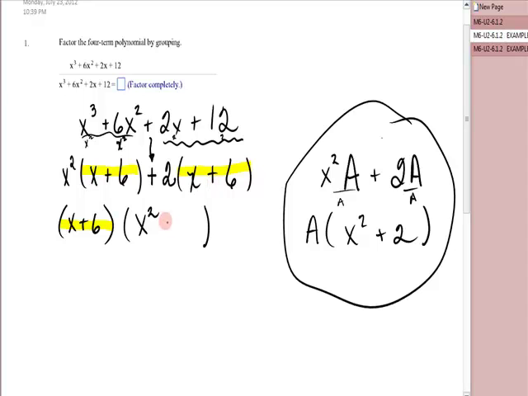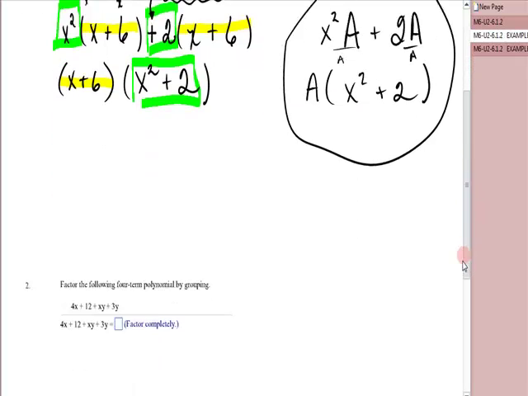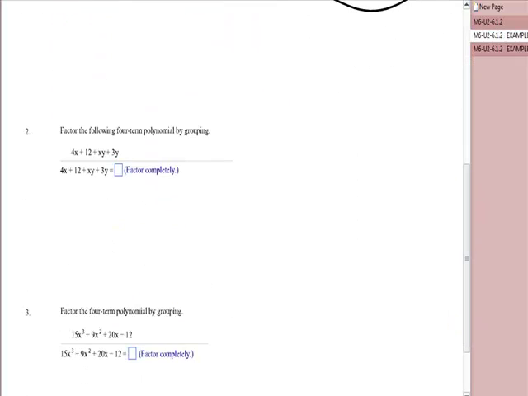What would I be left with here? I'd be left with the 2. Sometimes I nickname these terms, which build the second factor, as the leftovers. When you factor x plus 6 out, you end up with x squared plus 2 as leftovers. Let's see if we can get more comfortable with this.